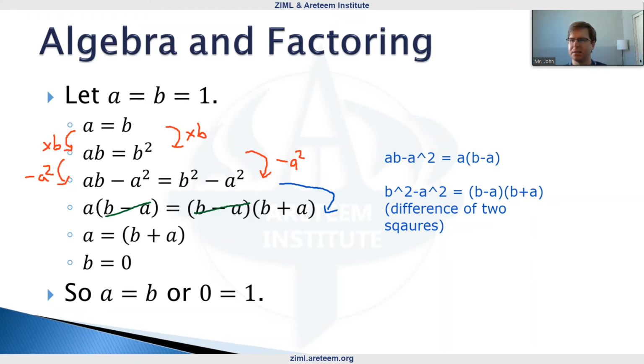So we started with a equals b, which is true, but then b equals 0, but a equals 1, so 0 equals 1. Ta-da! We have another proof here that 0 equals 1.